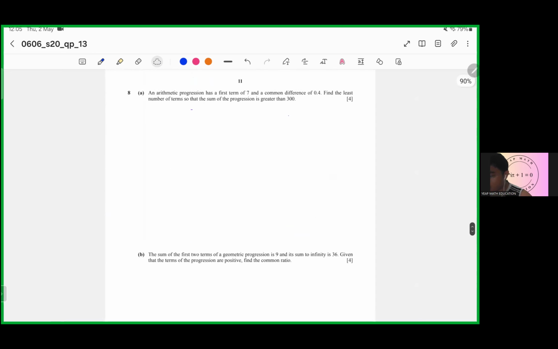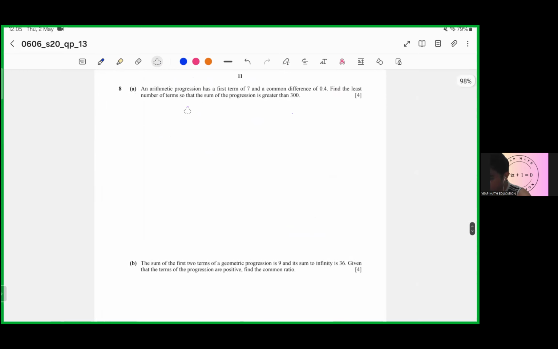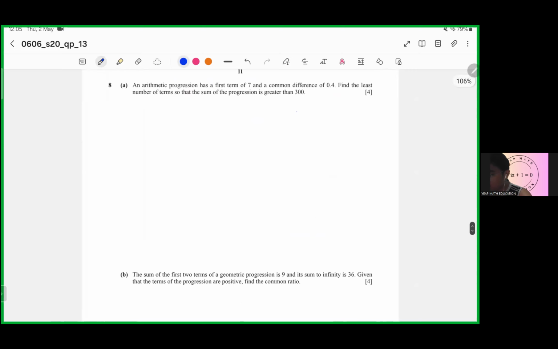Now we look at question 8. An arithmetic progression has a first term of 7 and a common difference of 0.4.